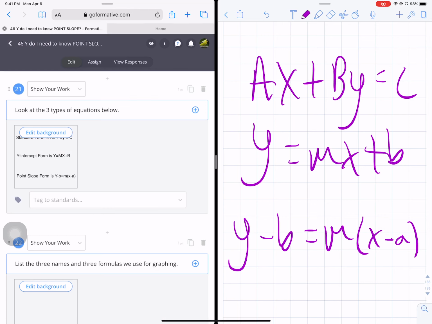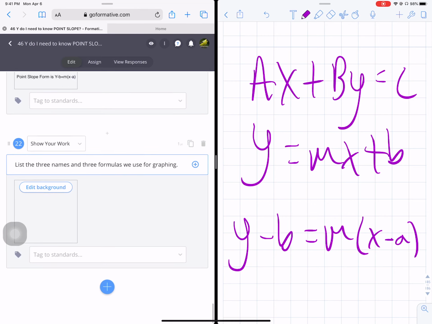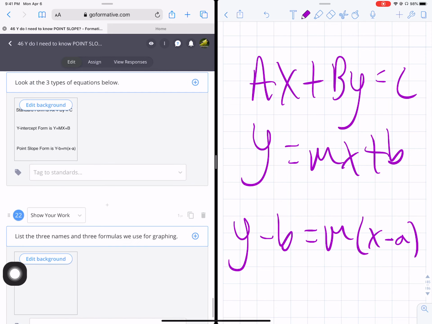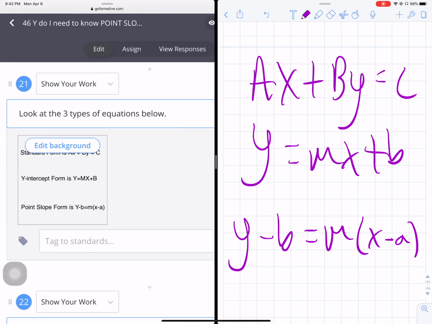Okay, why did I write those down? Because I got a feeling they're going to ask me to write them down. List the three names and three formulas we use for graphing. So now you're literally going to have to put this in and then put them with names. Okay, so point slope and y-intercept and standard form. And again, 22 is just asking you about 21.